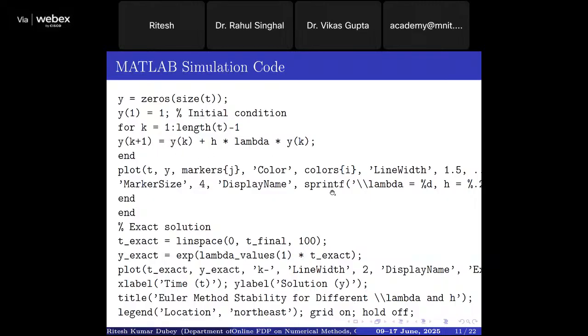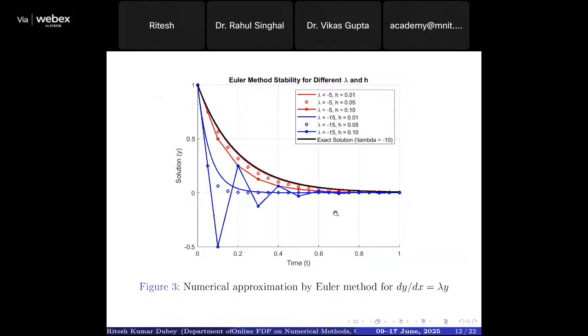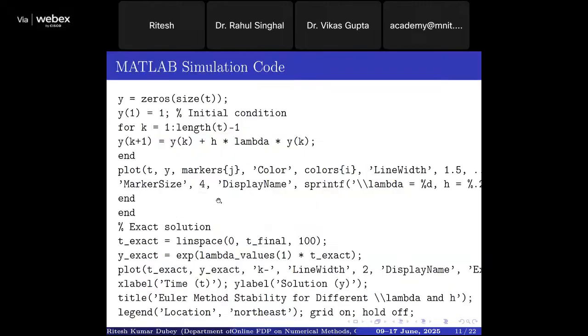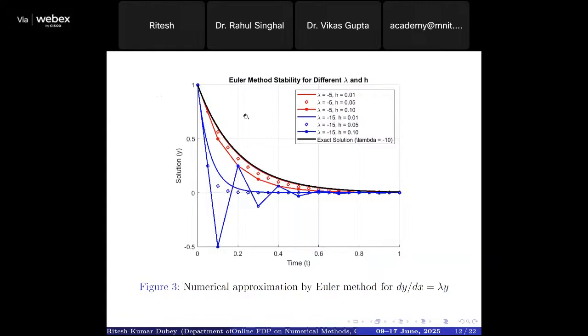And if we go and see the plot of this code, what we see is this. So when the lambda value is minus 5, different values of h are taken, and we can see that the black one is the exact solution, but all the red color solutions are behaving nicely, like it is quite good, the straight line, when h is 0.01.